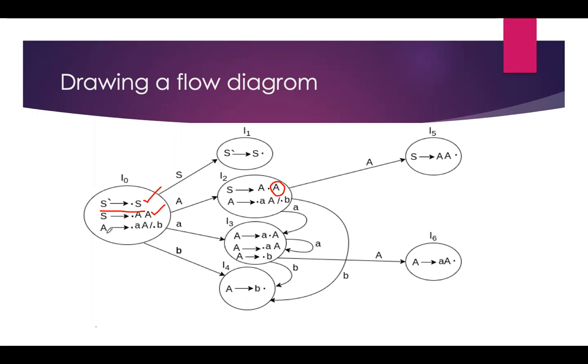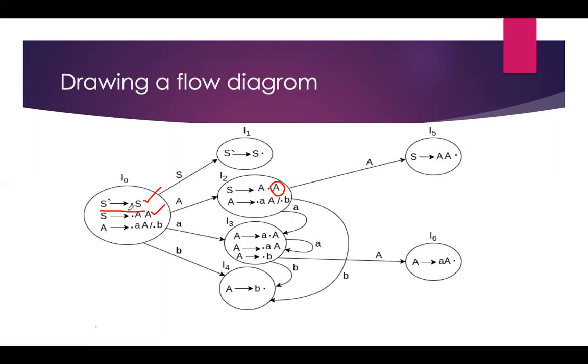And here one more rule we need to expand, that is A tends to dot B, so it is A tends to B dot. After the dot there is nothing, so we are not expanding this.